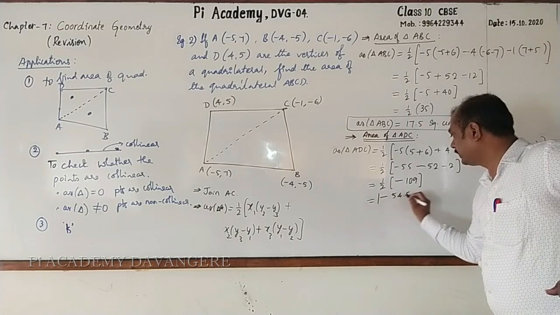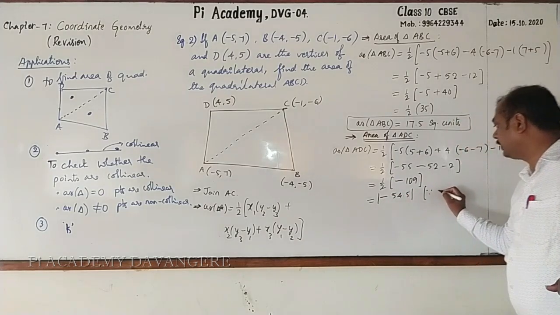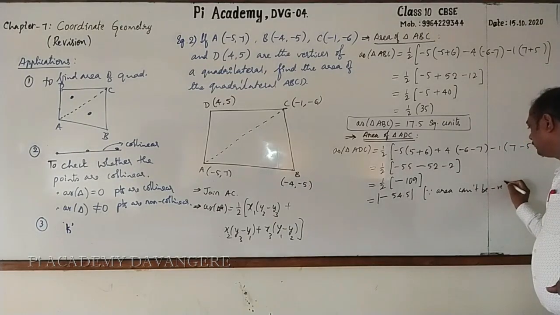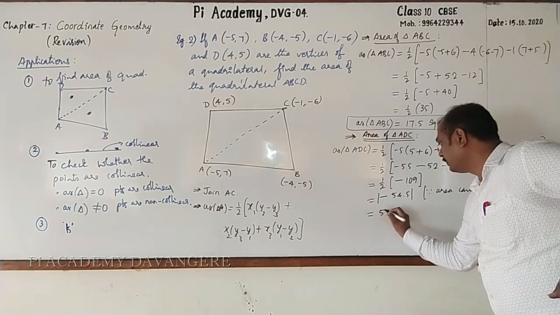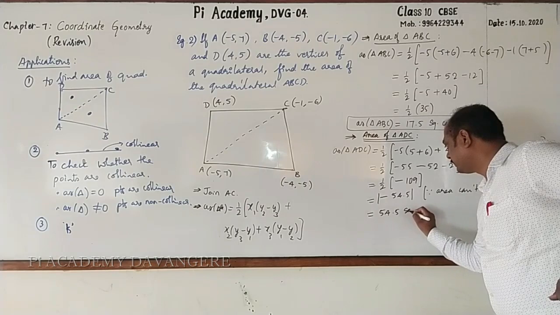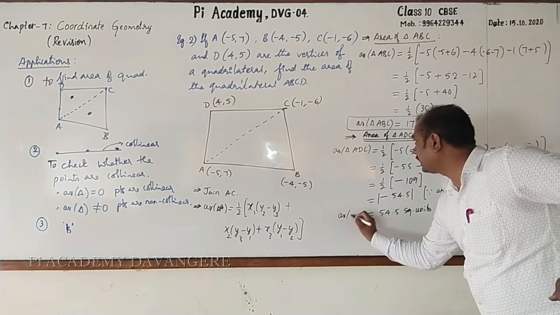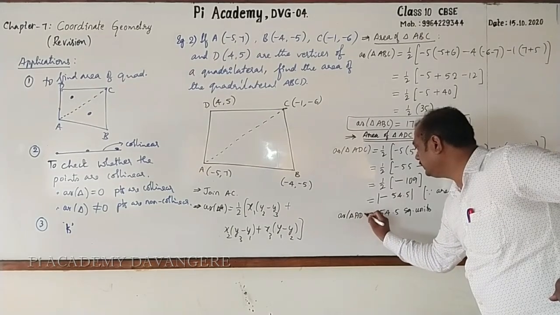So I'll take the absolute value because area cannot be negative. Then this can be written as 54.5 square units. It is the area of triangle ADC.